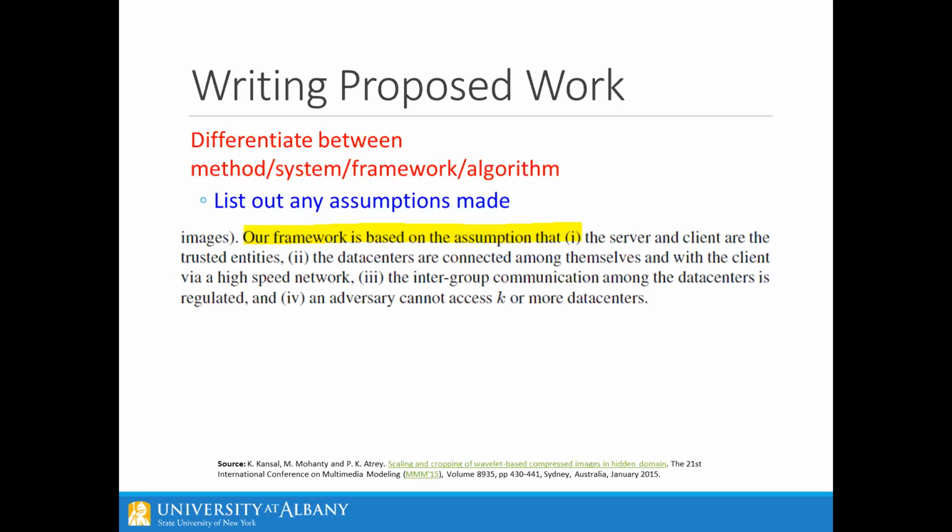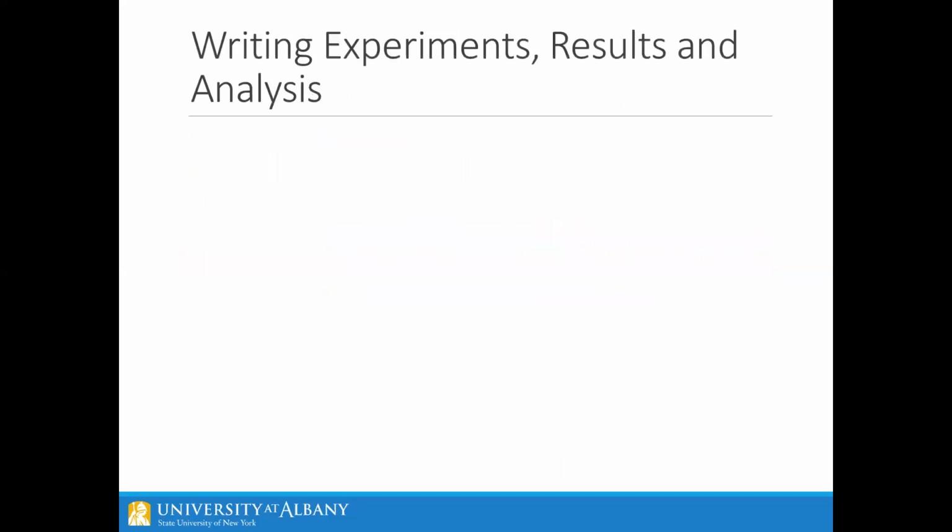In that case, it is good to number these assumptions, so let's say assumption A1, A2, A3, A4, and later you can refer to them: as per assumption A1, we consider that in this experiment we are doing this. Okay, so this cross-referencing can also be done, and in that case you should number these assumptions.